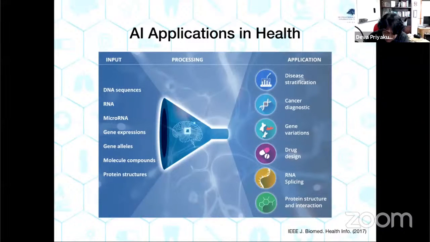What we want is, for example, disease stratification, or cancer diagnostics, or diagnosis in general, or drug design. That's what we are going to discuss today. And then protein structure prediction. So this is what we can get as input, and this is what we want.